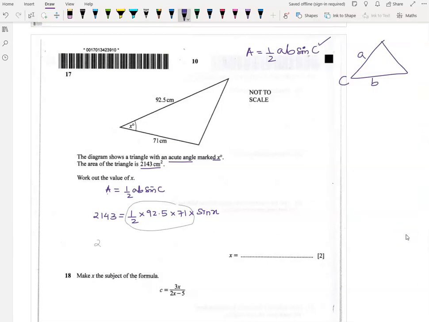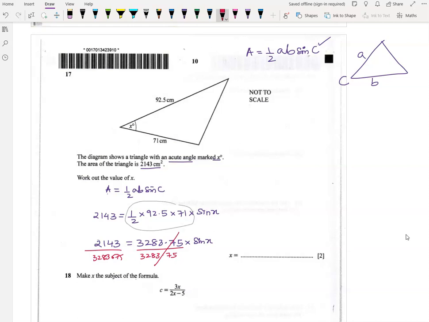So 3283.75 times sine x. Now I don't want this number, so you divide both sides by 3283.75. So this cancels out.